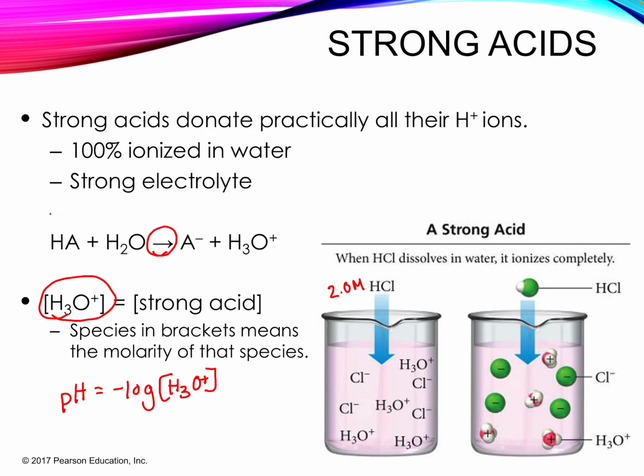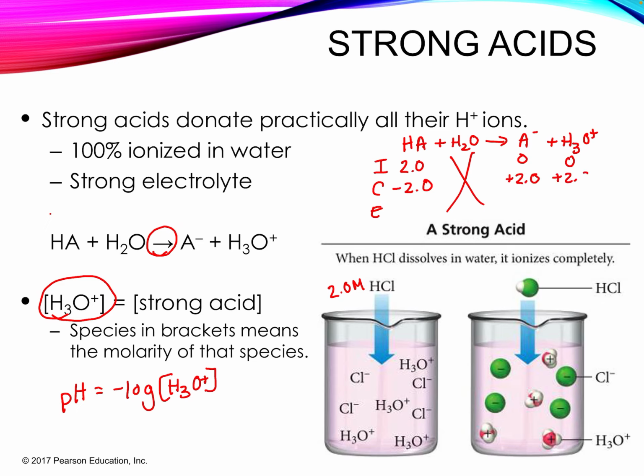And when it does that, if this was 2.0 molar, let's think about an ice table. If this was 2.0 molar, and we don't have any water, and we don't care about water, when this reacts, all of this is going to react, which is going to produce 2.0 molar of each one of these.